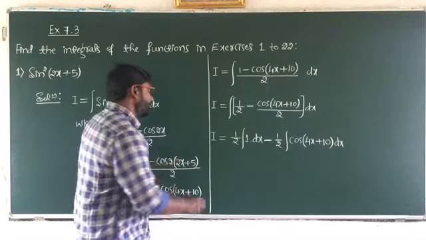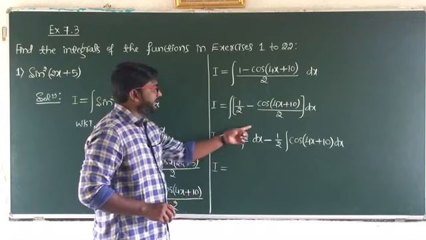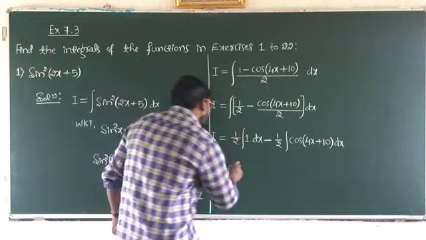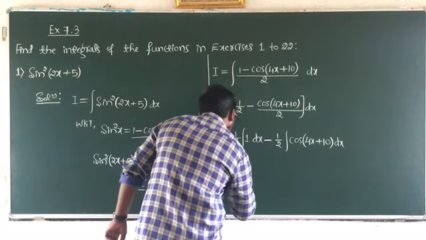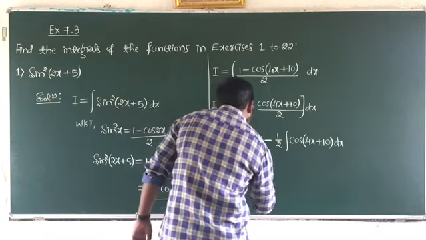So now I is equal to, what is the integration of dx? It is x. 1 by 2 into x will be x by 2, minus 1 by 2, write it as it is.